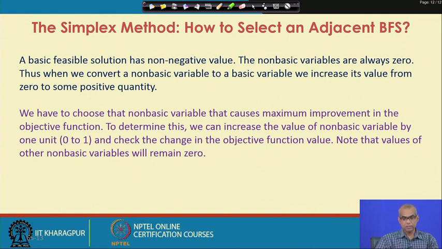So, for a maximization problem, we would expect that this will increase the value of the objective function.